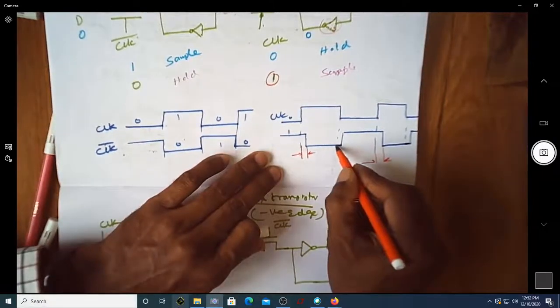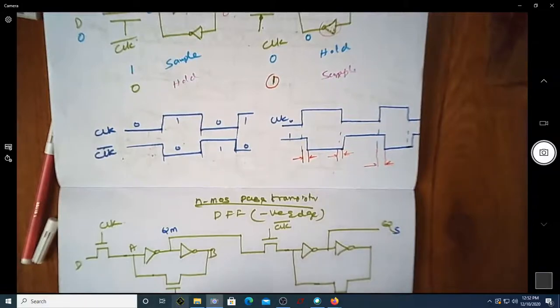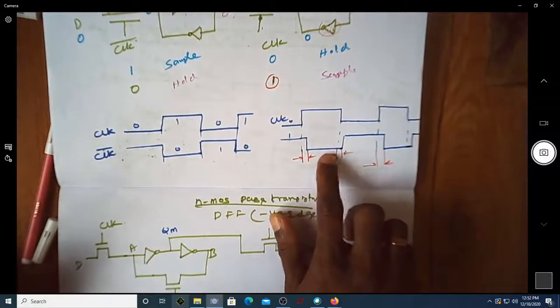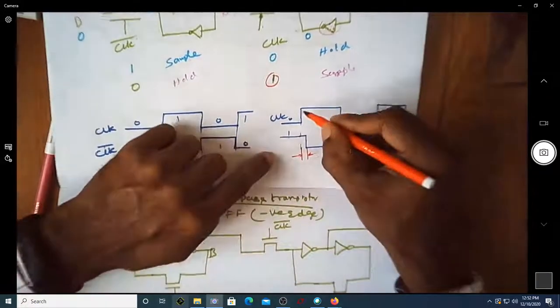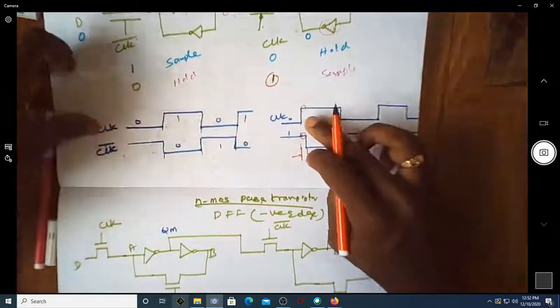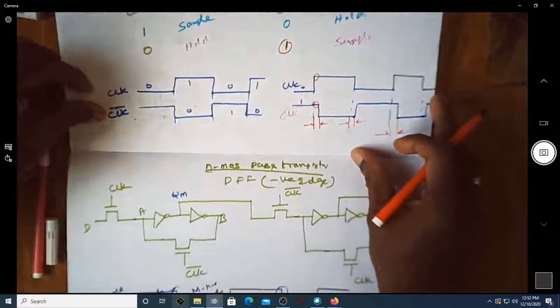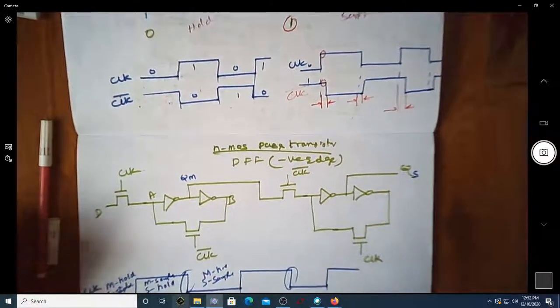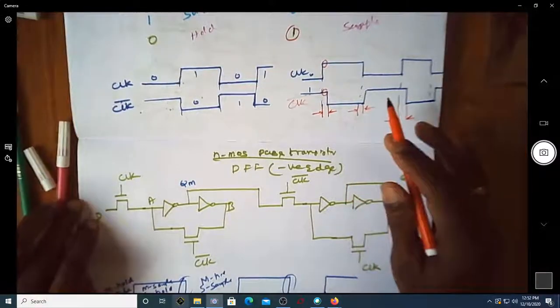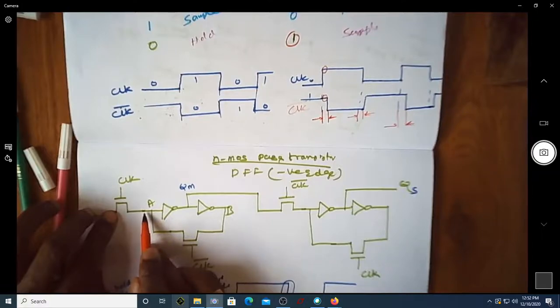Of course, here this is also an issue. If you carefully note these three things, see here, this is high, this is also high. When both clock and clock bar are high, what is the issue that can happen? Since clock is 1, you are in the sampling mode.